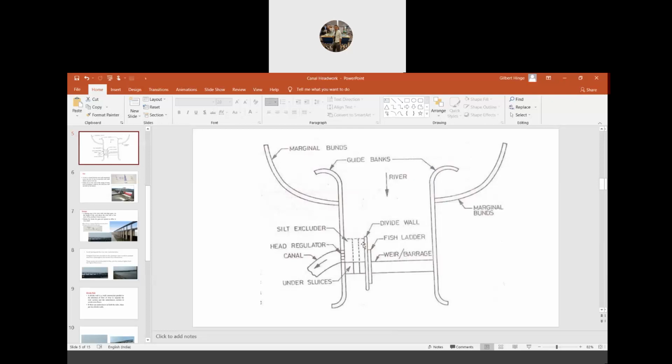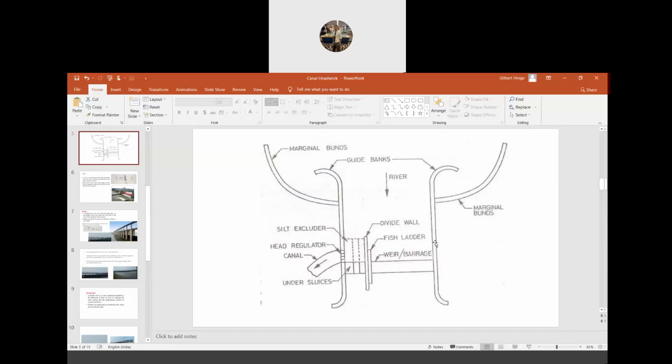One more thing you have to remember is that this divide wall or the fish ladder is always constructed on the side where we divert the water. It's always constructed on the side of the canal. You see here there is a weir and barrage, right? So this divide wall or fish ladder should not be put here. It should be put on this side, close to the tunnel where we divert the water. Here, we divert the water only on the left side.